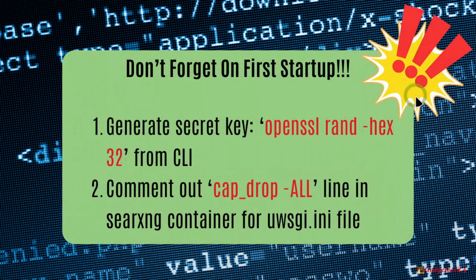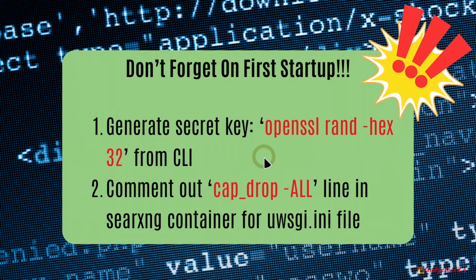And then I think the last thing to remember here is some instructions I missed. I didn't read the stuff properly for the Docker setup, but there are two key things you do have to remember. One of them is that there's a default secret key, but you want to generate your own.